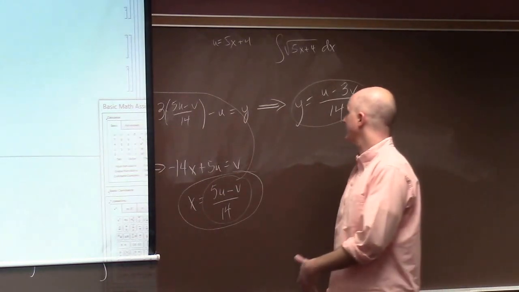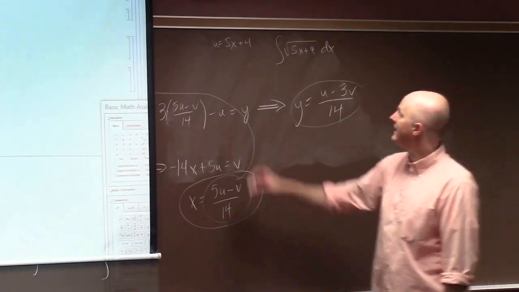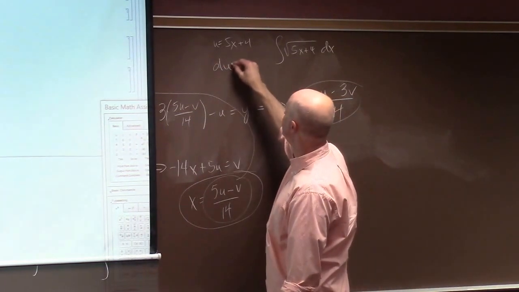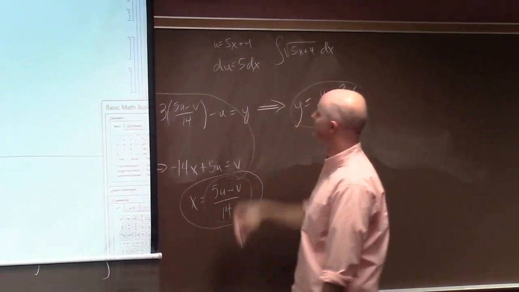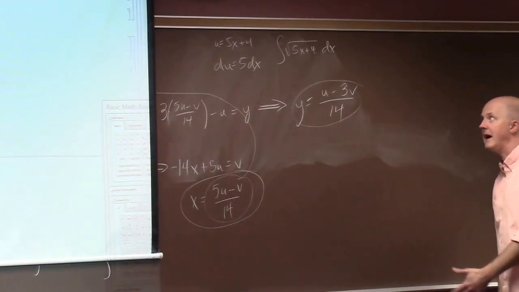You'd have to change limits of integration if you had limits of integration, but also du is 5 dx. You don't just replace the dx with a du. You replace it by a 1/5 du.